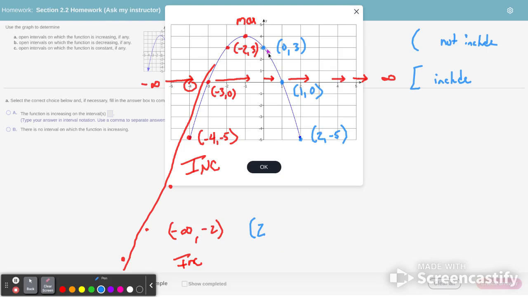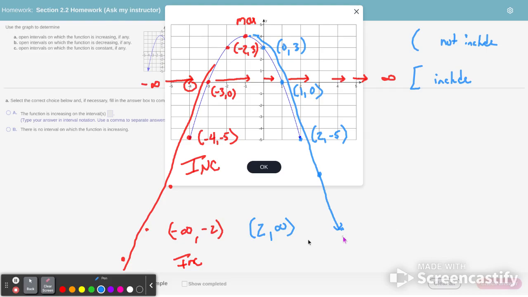And then we start decreasing. As my x values keep on getting bigger, my y values keep on getting smaller. I keep going down and down and down. I went from 3 to 0 to -5 to, say, -7, and then to -10, and we just keep going. And this is all driven by x.